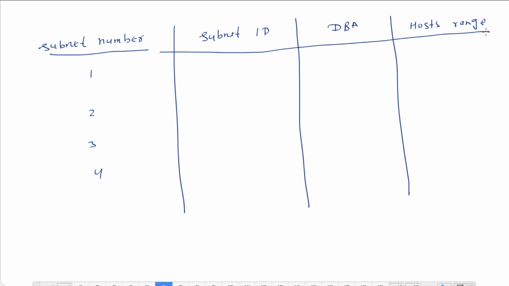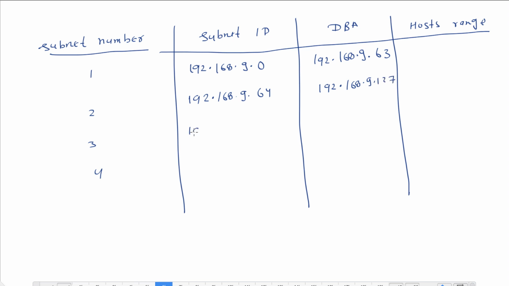Now for subnet 1, the subnet ID was 192.168.9.0 and the directed broadcast address was 192.168.9.63. Now here it was 192.168.9.64 and the directed broadcast address was 192.168.9.127.